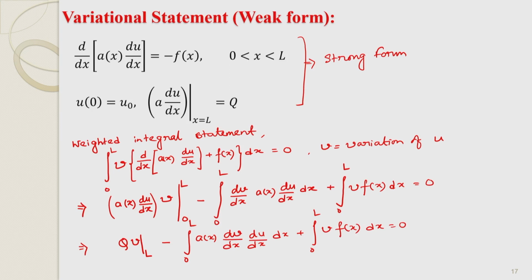Now, all this derivation is true for any arbitrary choice of v. So, this symbol is called for all. So, that means for any arbitrary choice of v.